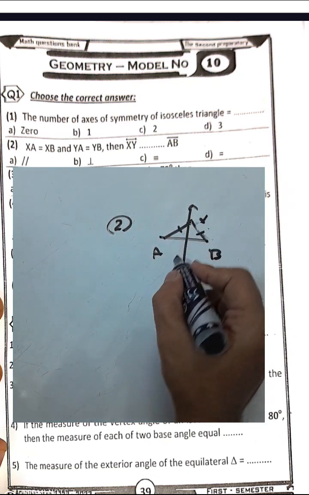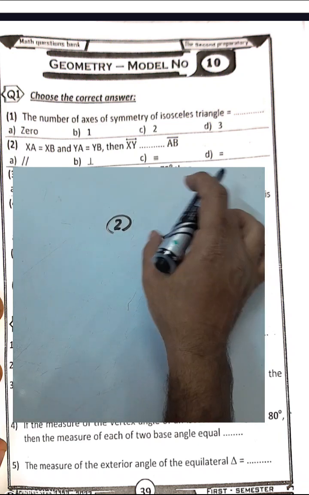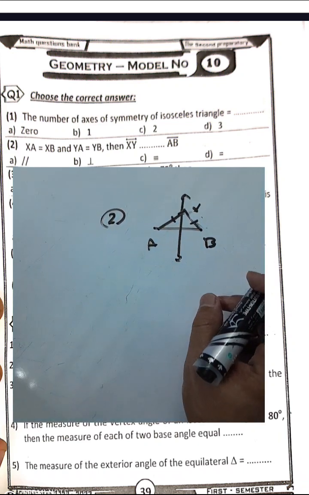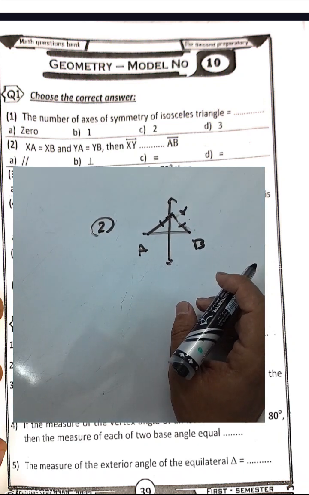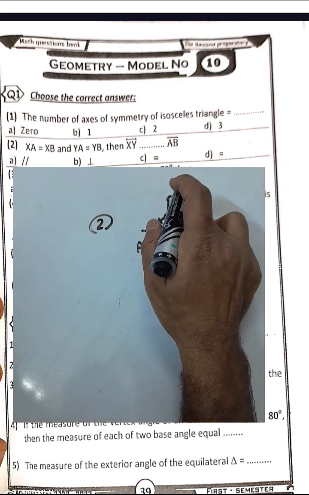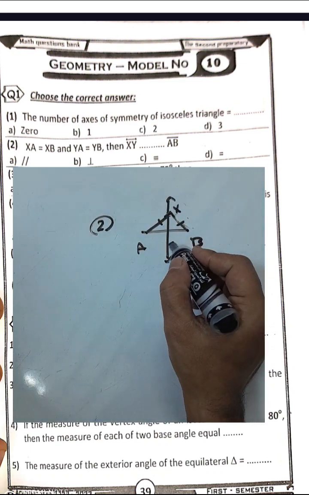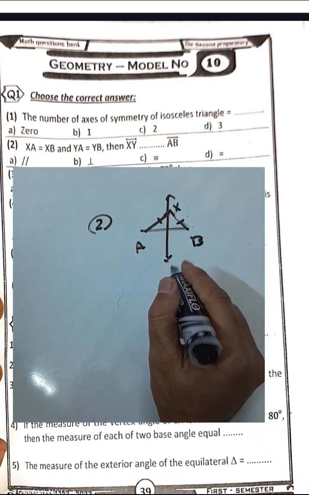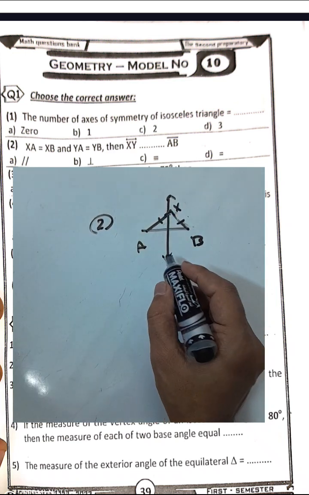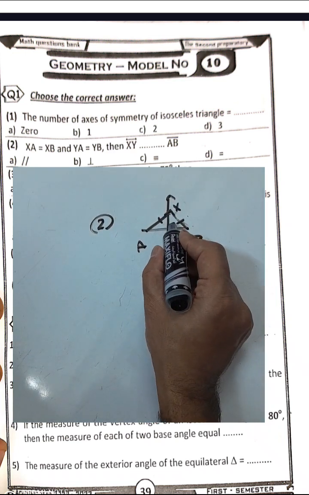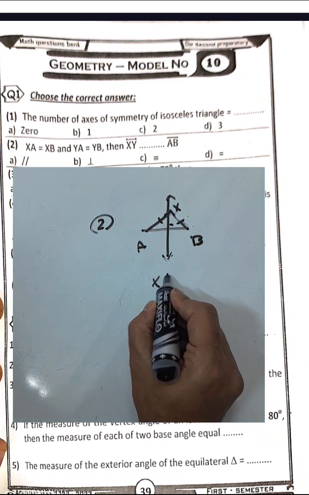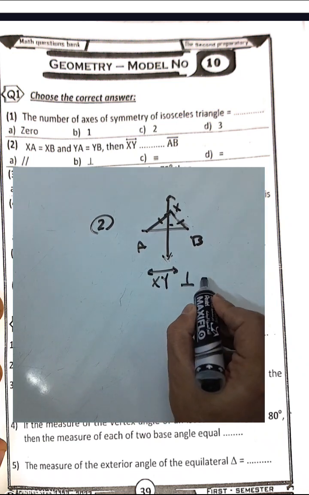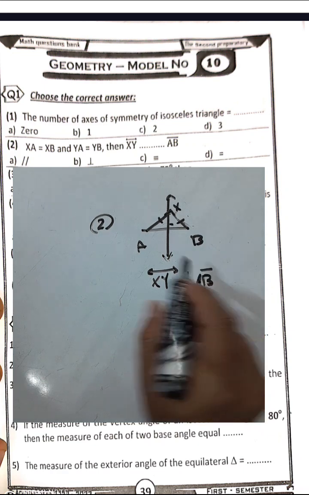Then XA equals XB, we call it an isosceles triangle. Then we have a line of symmetry. The point X must lie on the line of symmetry of AB. The line of symmetry will be perpendicular. Then the straight line XY will be perpendicular to AB.